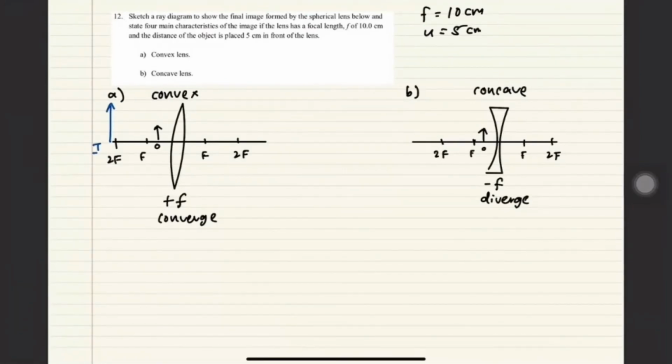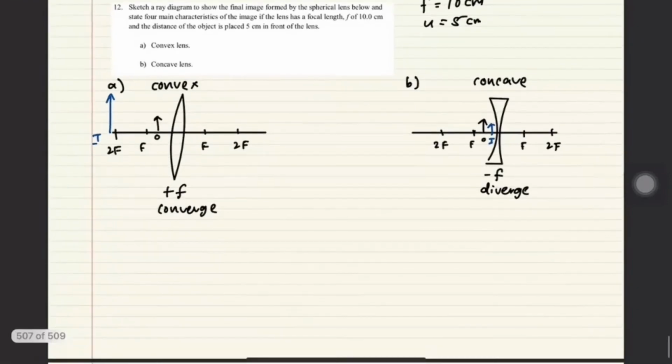Image dia terbentuk kurang daripada F. Oh, bukan. Image dia terbentuk kat depan. Okay, kamu baca lukis lah. So, yang pertama sekali, yang masuk dekat situ terus keluar. Okay. Dan terus, sudah pergi ke sana. Betul lah. Okay, ni nanti kamu buat sendiri. You can do it. Do it properly. Dah saya tunjuk tak kan? 12 ni.